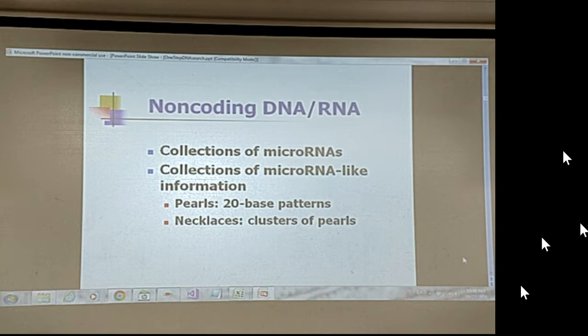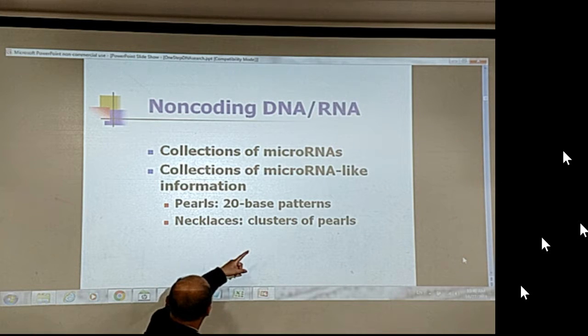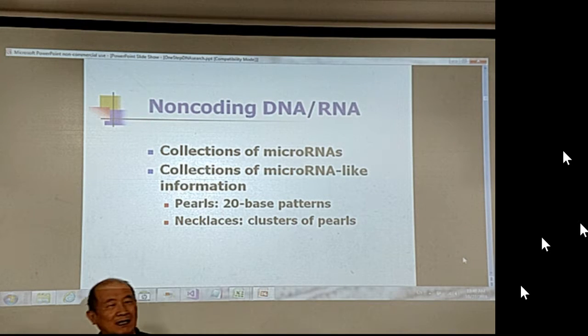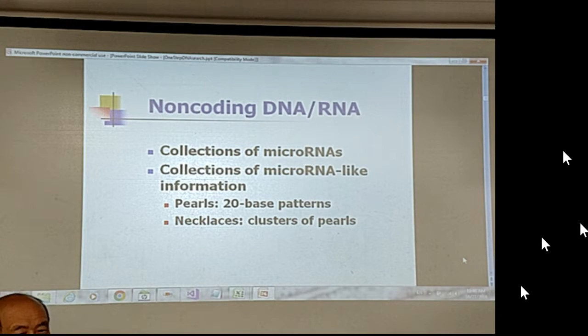These things I call pearls because they are not experimentally determined microRNA molecules. These are just information that exists in the genome, in the DNA sequences, and I call these 20 base patterns pearls. And these pearls generally form clusters, and these clusters are then called necklaces.